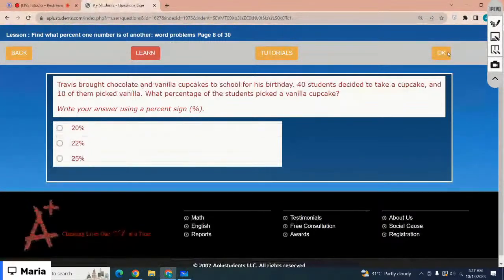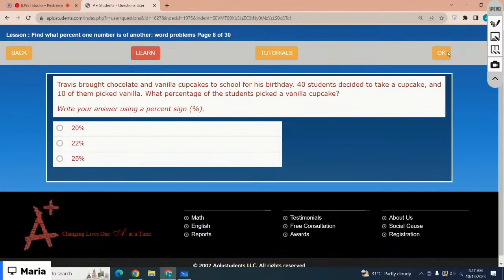Okay. Travis brought chocolate and vanilla cupcakes to school for his birthday party. 40 students decided to take a cupcake and 10 of them picked vanilla. What percentage of the students picked a vanilla cupcake? Which is the correct option? Total students are 40, right?